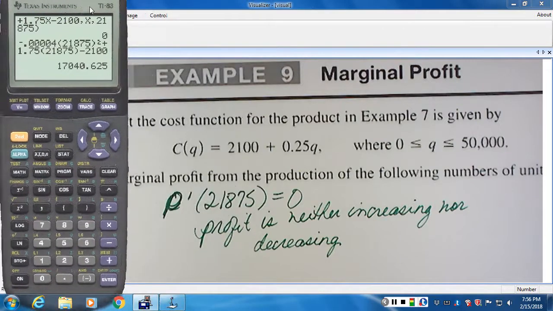Now, we'll talk a lot in Chapter 13 about how useful it is to know where your derivative is equal to 0. Because when your derivative is equal to 0, that tells you that whatever you're looking at has reached either a peak, it's maxed out, or it's reached a valley, and it's about to start climbing. Okay, and that's important to know.